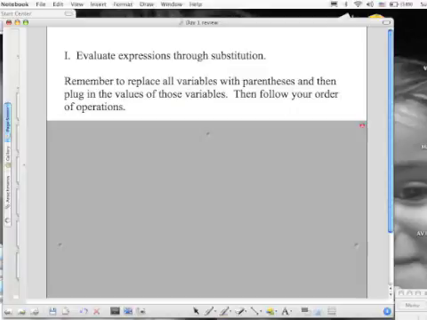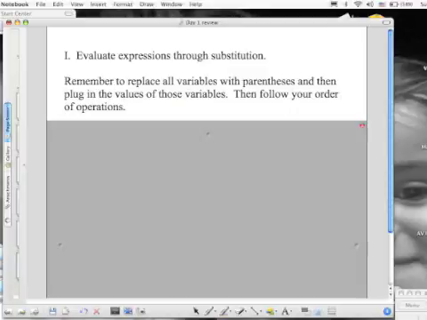Alright, evaluating expressions through substitution. Remember in the beginning I told you you need to replace all variables with parentheses and then plug in the values of those variables. And then you've got to follow your order of operations. Remember, the order of operations is PEMDAS.